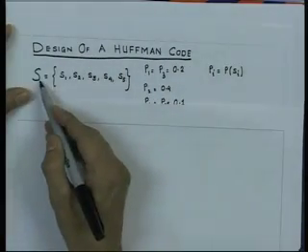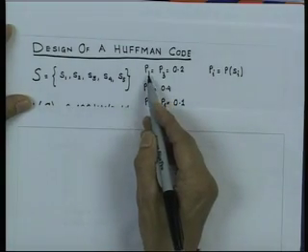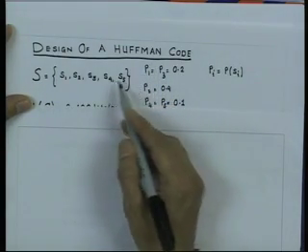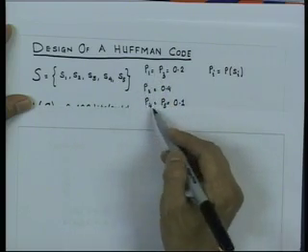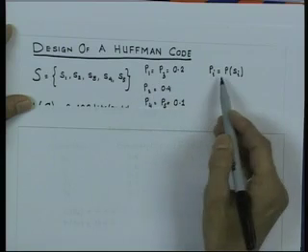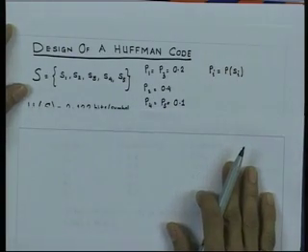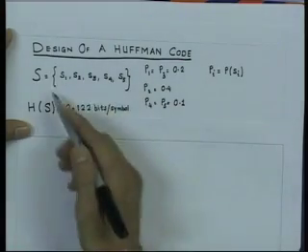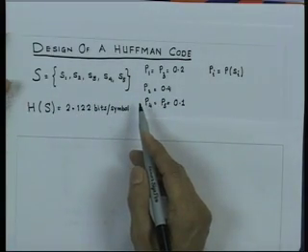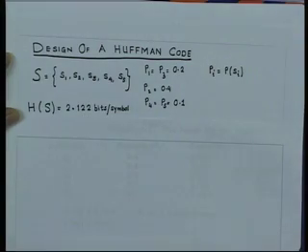I have a source consisting of 5 alphabets, and these 5 source symbols occur with these probabilities. Pi is nothing but the probability of source symbol Si, and the entropy for this source, assuming it is a zero memory source, is 2.122 bits per symbol.